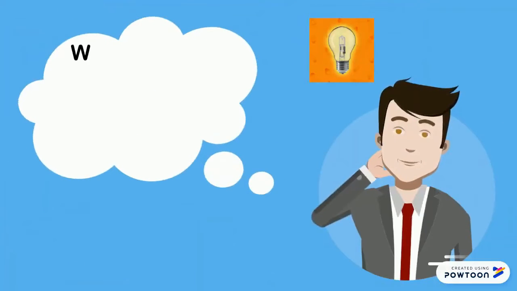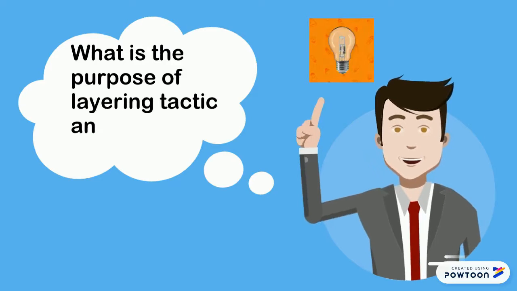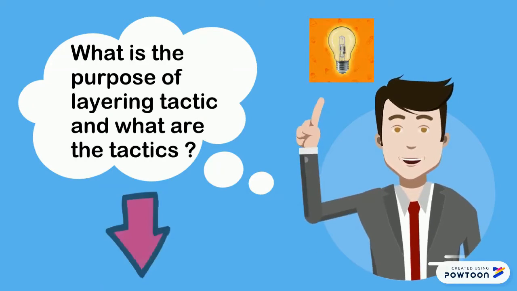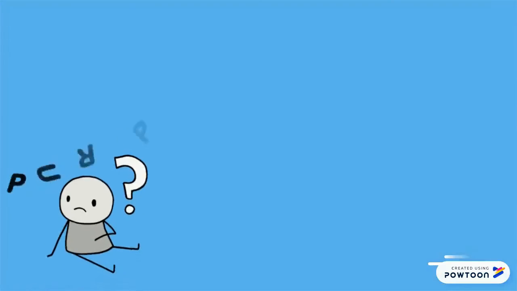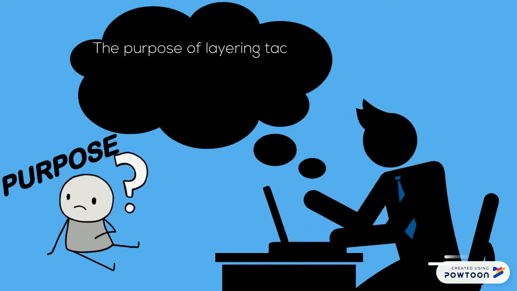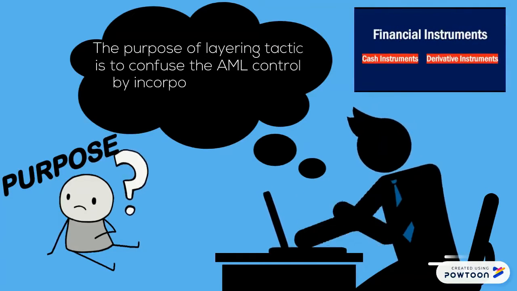Before we proceed with the tactics, we must know what is the purpose of the layering tactic. The purpose of the layering tactic is to confuse the anti-money laundering control by incorporating multiple financial instruments and transactions.